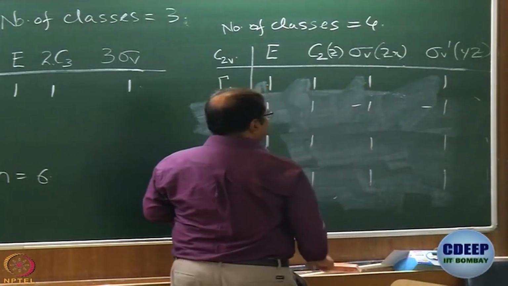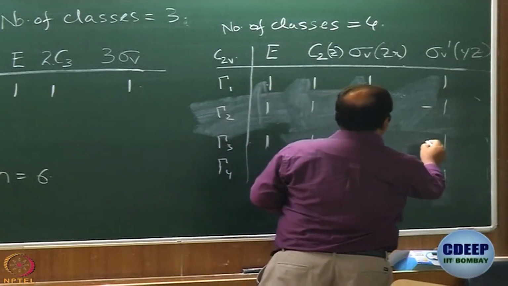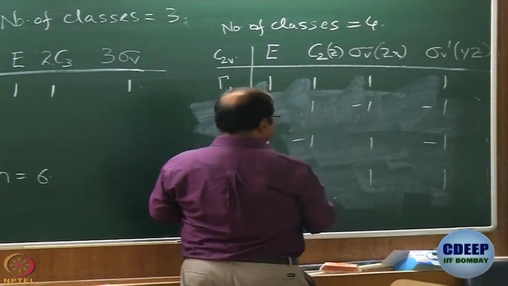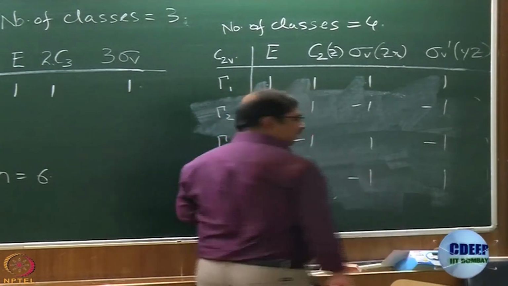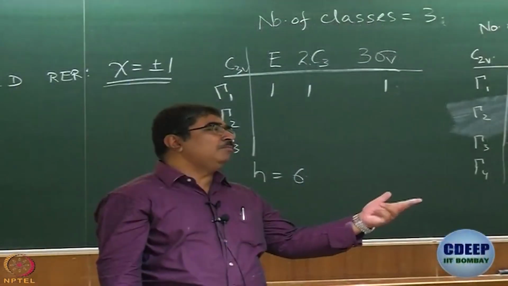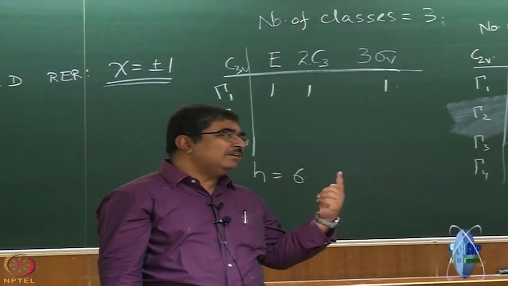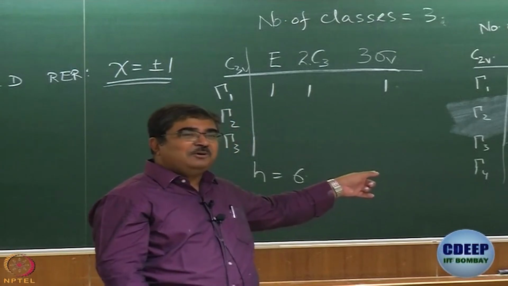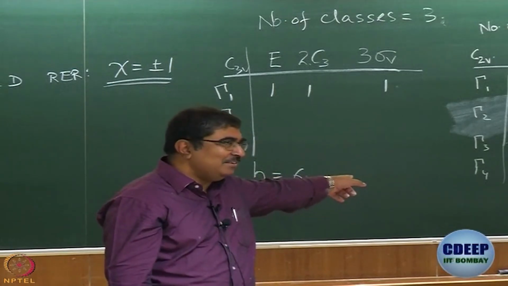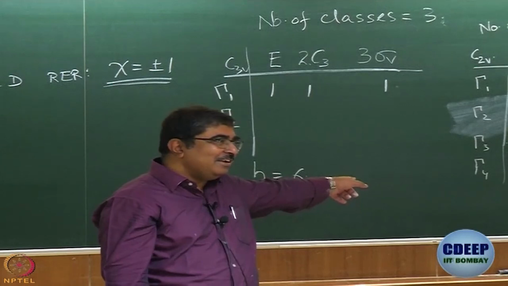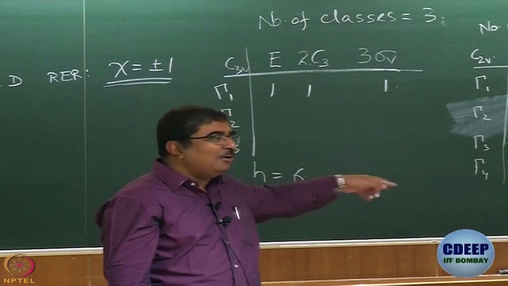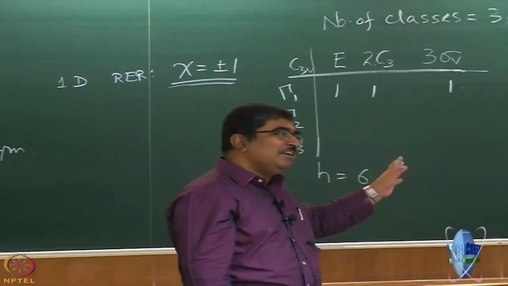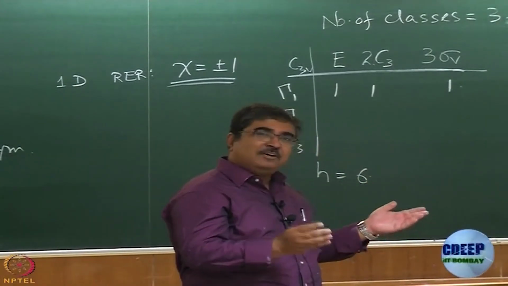I will first put the minus signs here, then I will put say 1 minus sign here and 1 minus sign here, then I will put 1 minus sign here, 1 minus sign here. Your character table is ready. There will be 2 minus 1s and 1 plus 1. You can put in any order you want. I have put it in this order because I already know how I am going to name them. I already know the priority that we are going to follow for nomenclature, that is why I have written it that way. You could have done anything, alright.